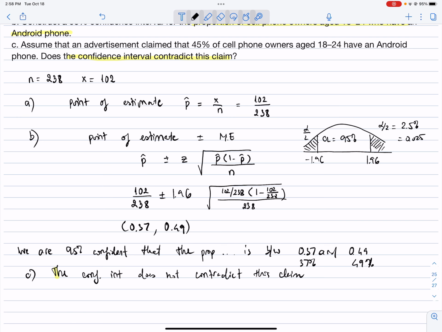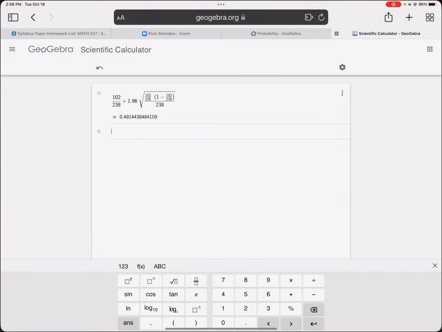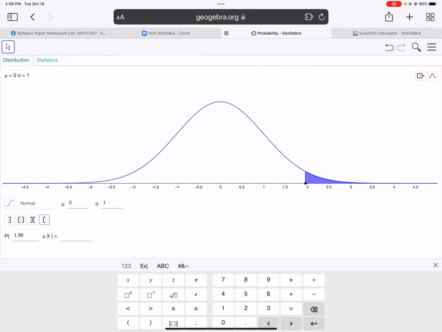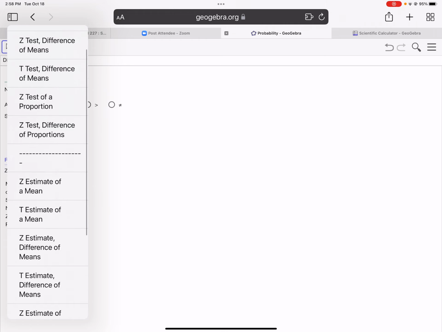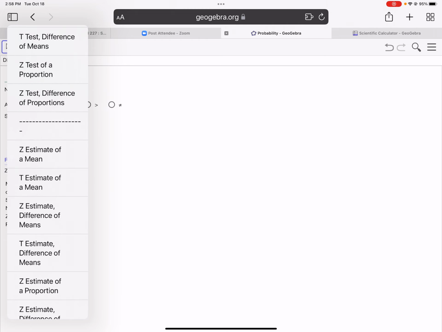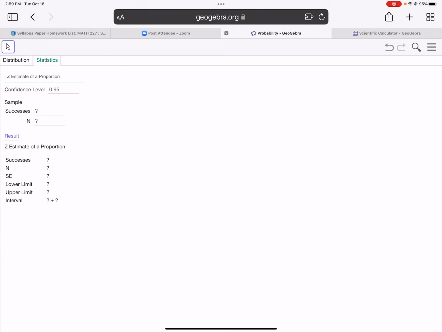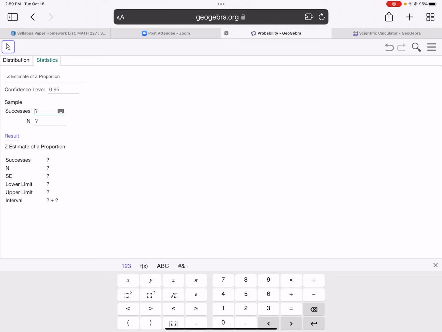Okay, so how do we do this problem using GeoGebra? You click on Statistics and choose the Z Estimate of a Proportion. By default, they put in 0.95.